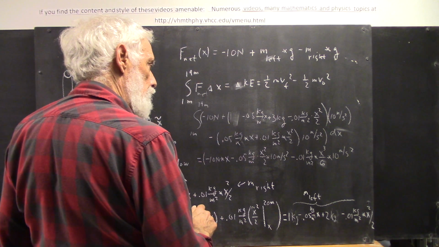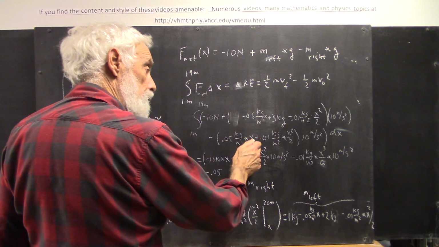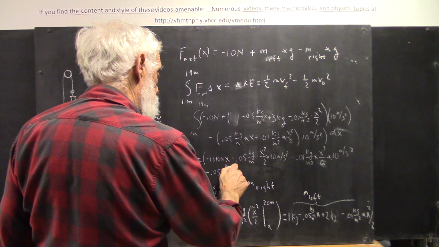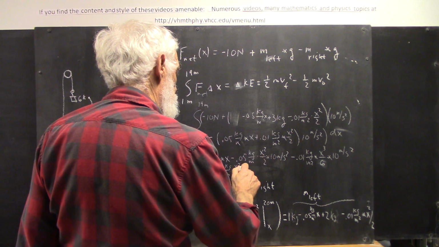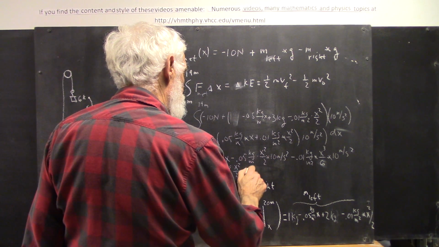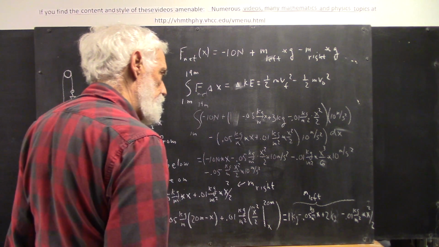And then that's going to be minus 0.05 x squared over 2 here. It's going to be kilograms per meter times x squared over 2 times 10 meters per second squared.